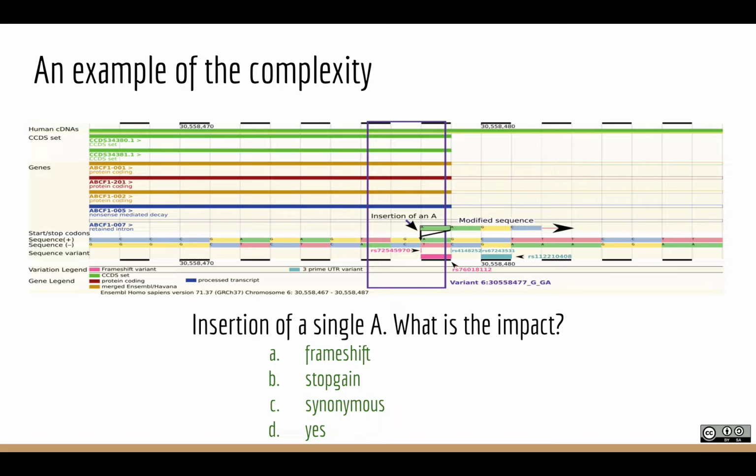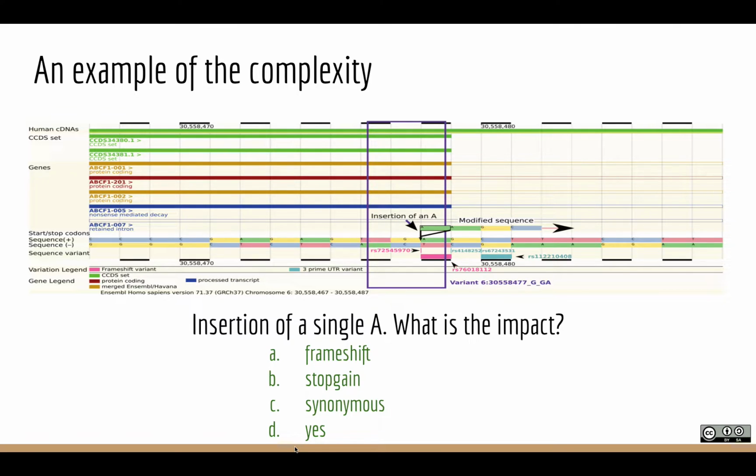It was encoding a stop codon, and now it still is encoding a stop codon. Or the last choice is, you could really choose any one of these. Each of these is a sane prediction. And it's corner case scenarios like this that lead to this discordance between the different software tools.